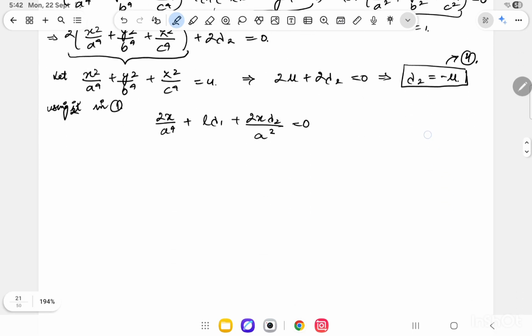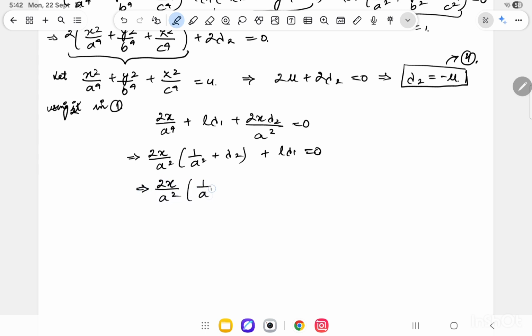So if I substitute lambda 2 equals to minus u, I'll get 2x by a square into 1 by a square plus lambda 2 plus L lambda 1 equals to 0, and lambda 2 is basically minus u, so that will give me 2x by a square into 1 by a square minus u plus L lambda 1 equals to 0.